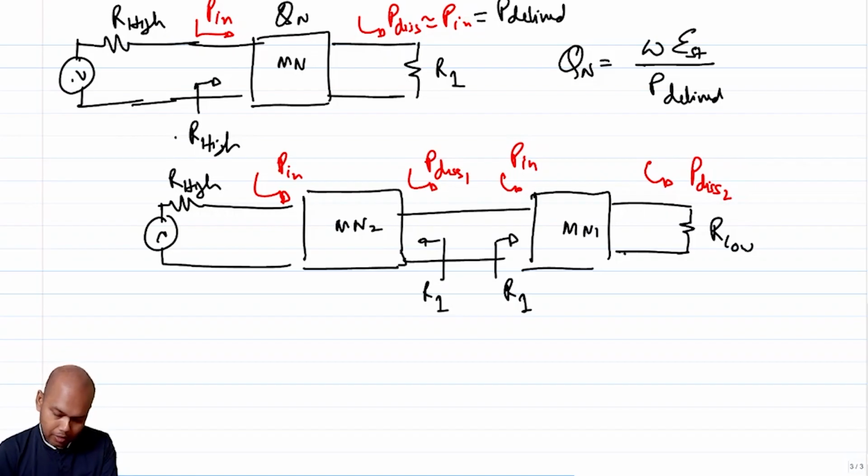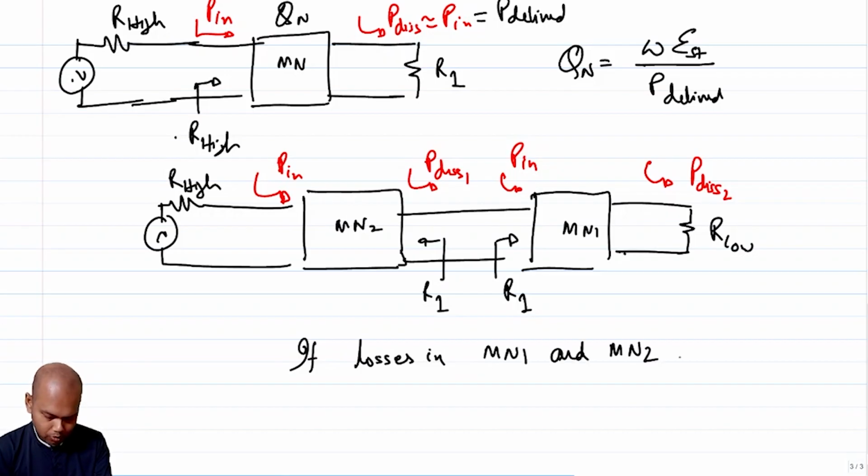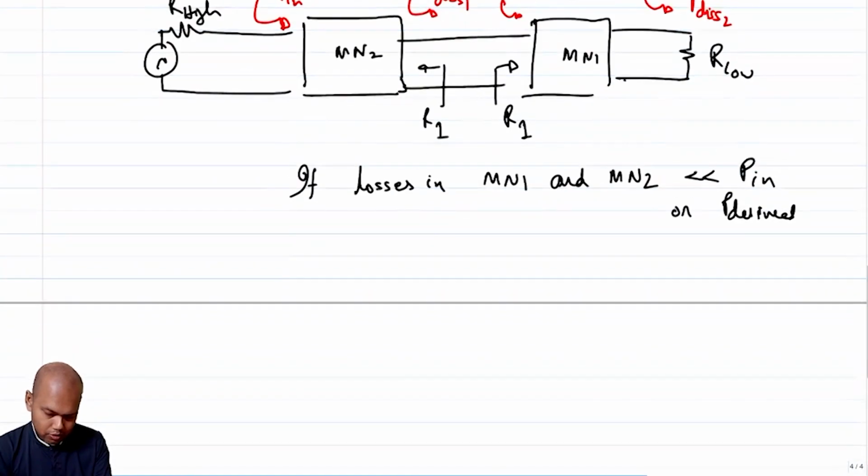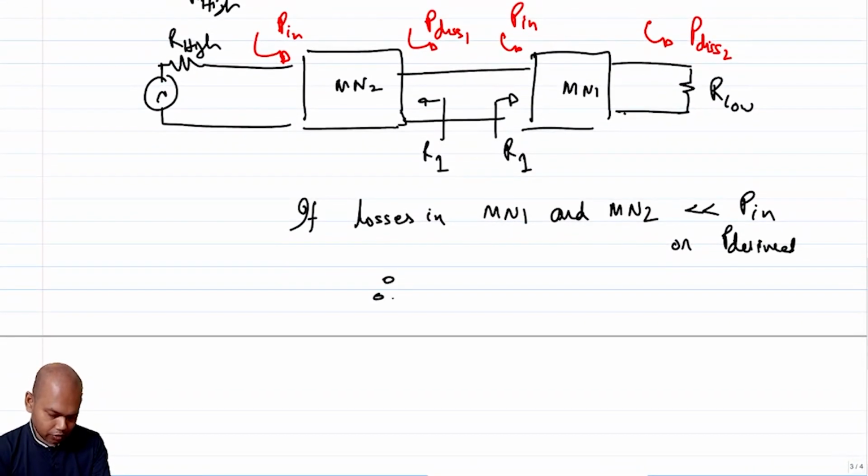Under the assumption that the losses in the matching networks are not significant, that is much lower than the power that is getting delivered, I can say that power dissipated 1 is equal to P in, equal to power dissipated 2. So if losses in Mn1 and Mn2 are much less than P in or P delivered, which is anyways the goal, then P dissipated 1 is equal to P dissipated 2, correct?